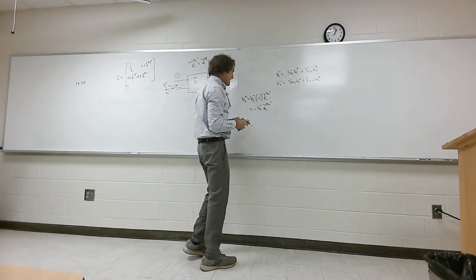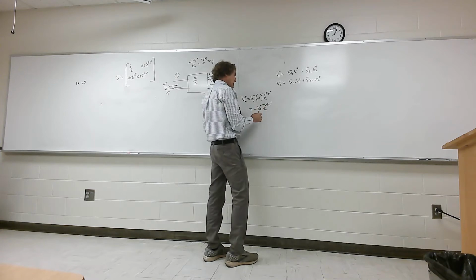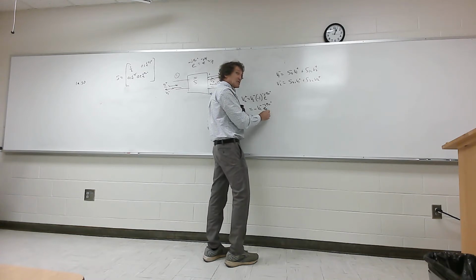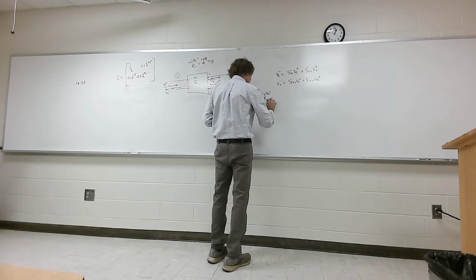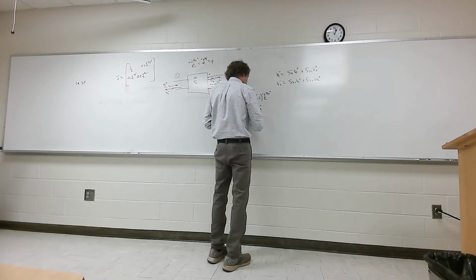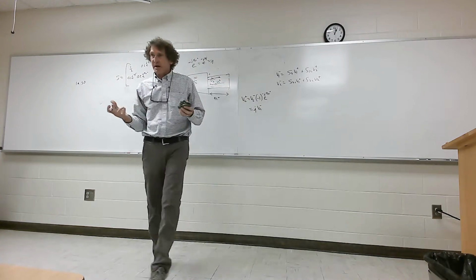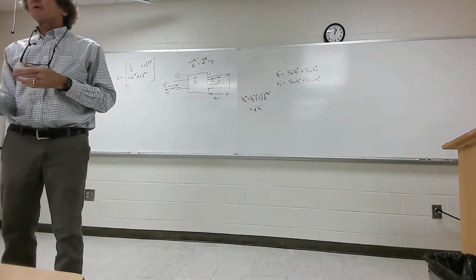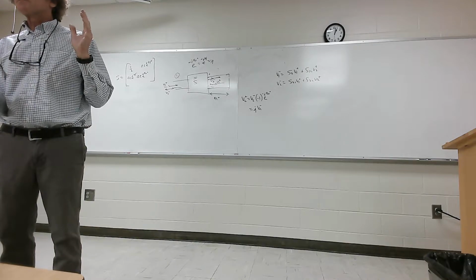So I come down here, and I have a minus 1 here, and then I have e to the minus j 90. That's really just minus j, isn't it? Times the minus is plus j. Or I can say this, right here, is just j. I don't have to put 90 down. I like j better. It's easier. Does that make sense? Everybody see this?